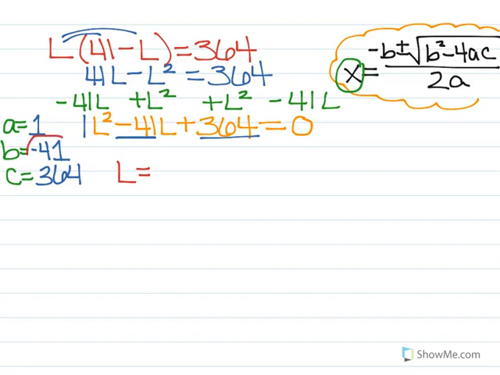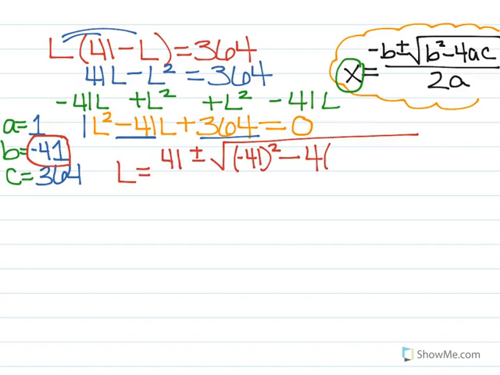Now because my b is already negative, negative, negative turns positive, so that's going to be a positive 41 plus or minus the square root of, always put your squared term in parentheses, your b is negative 41 squared minus 4 times your a value 1 times your c value 364 all divided by 2 times your a value of 1.